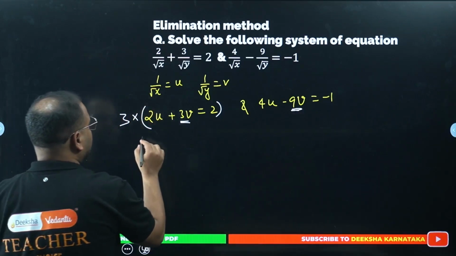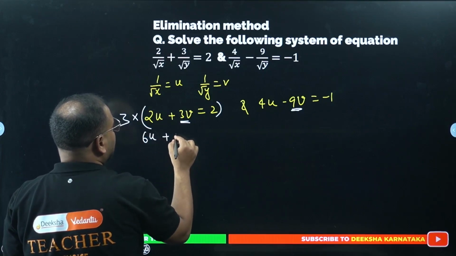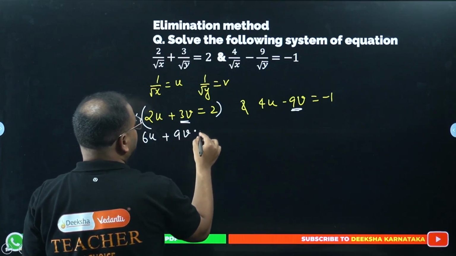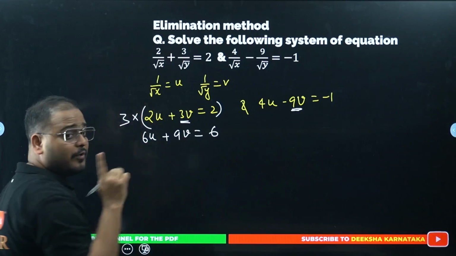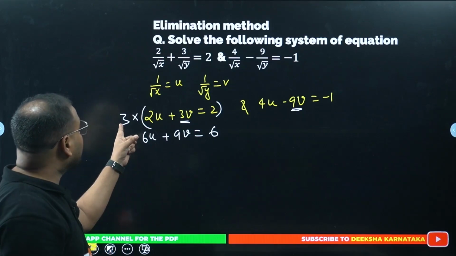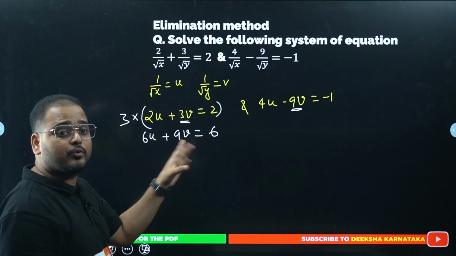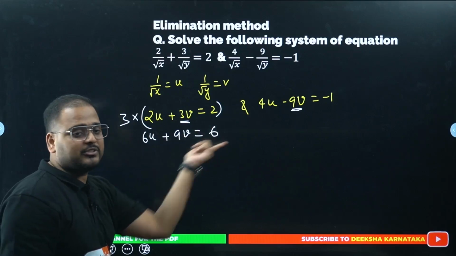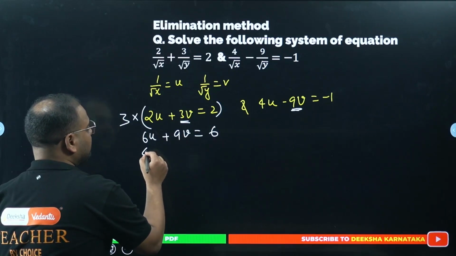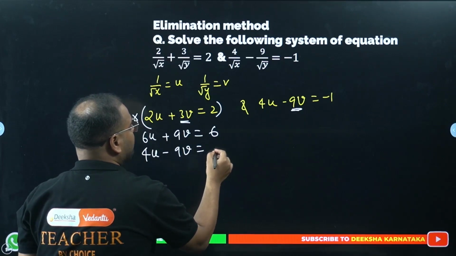I get 6u plus 9v equals 6. Don't forget, people make this mistake; I've seen it multiple times in answer sheets. You must multiply the number on the RHS side too. So multiply 3 with 2 also to get 6. Now write the second equation below this: 4u minus 9v equals minus 1.